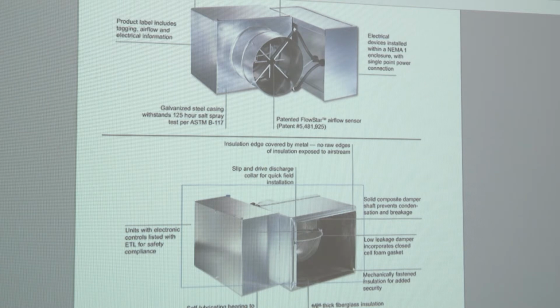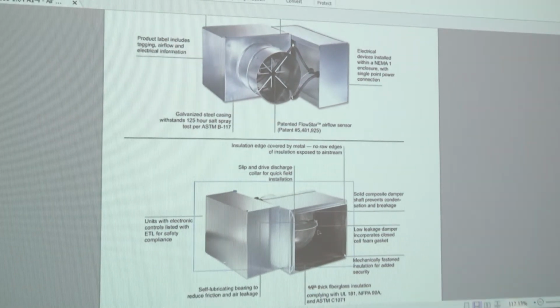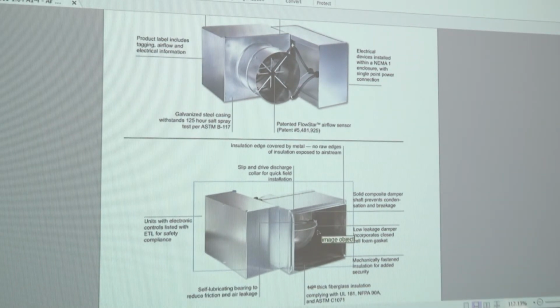So again, this is a VAV box. It modulates based on maintaining a temperature within a space. It will modulate this damper for airflow. It will modulate the heating valve for temperature control.